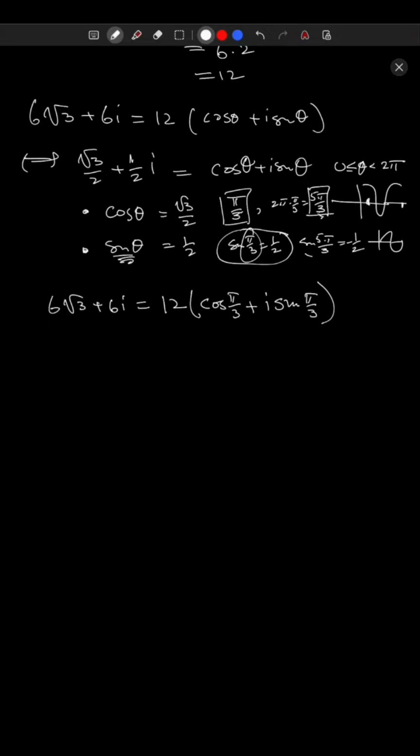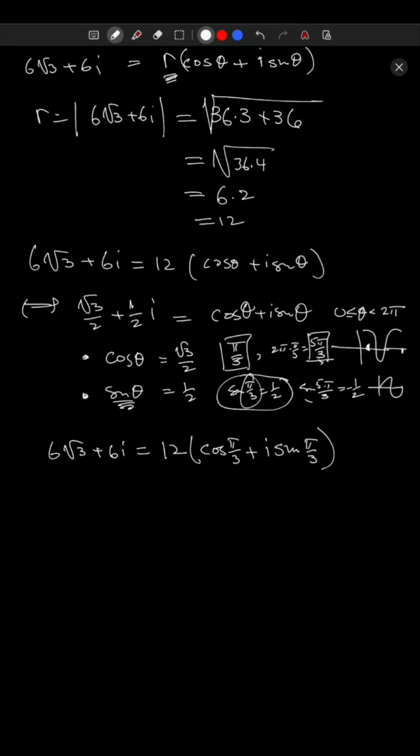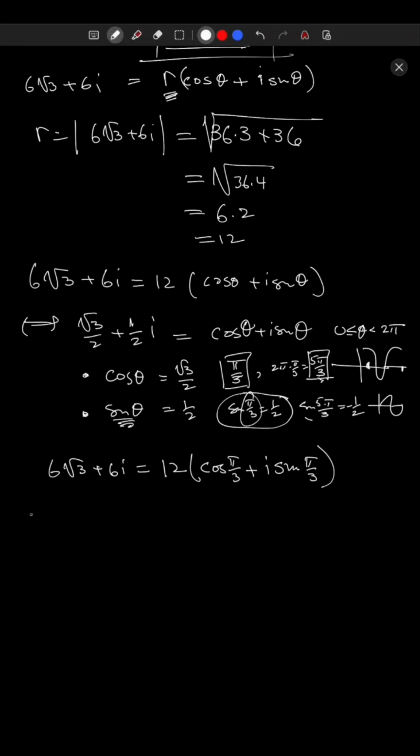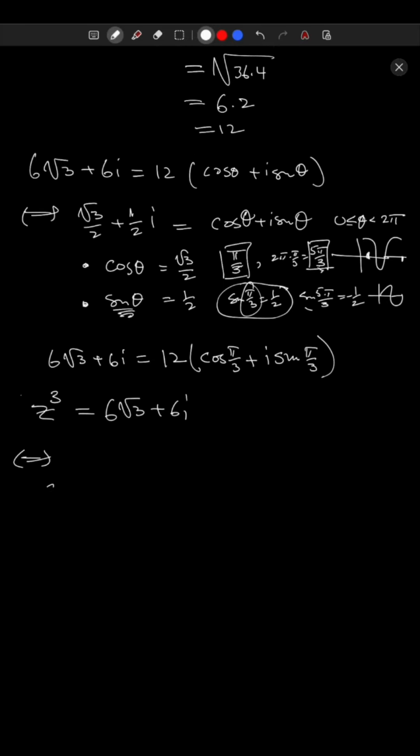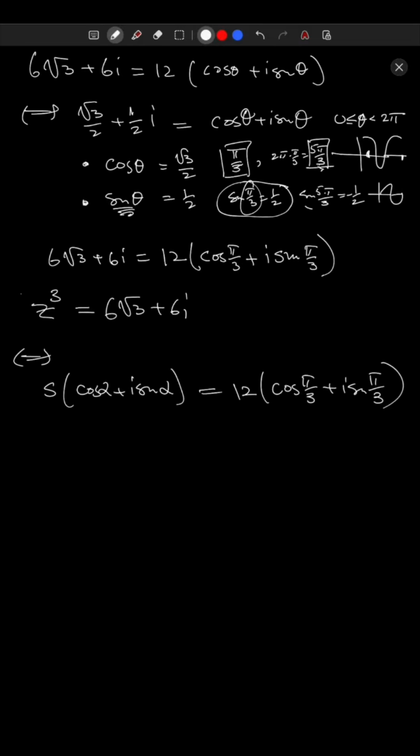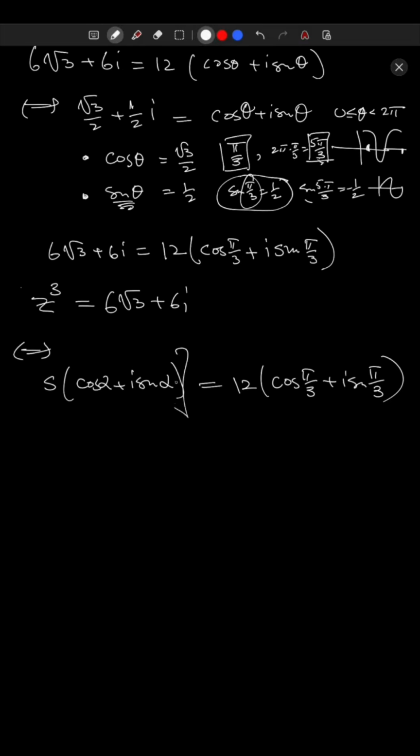All right. So what that means is ultimately we were solving for z cubed is equal to 6 root 3 plus 6i. So that translates into s cos alpha plus i sine alpha, cubed, equals 12 cosine of pi over 3 plus i sine pi over 3. All right. Oh, sorry, cubed.